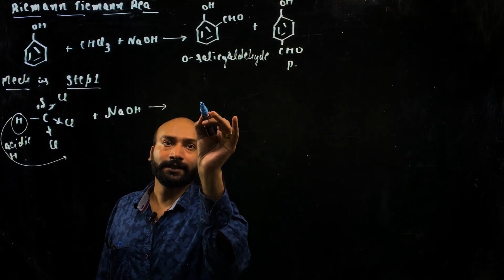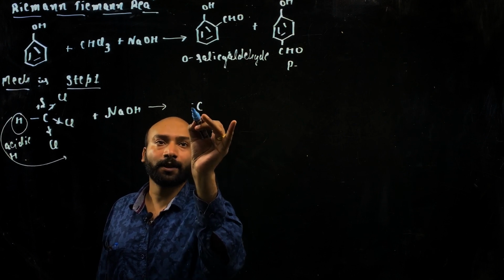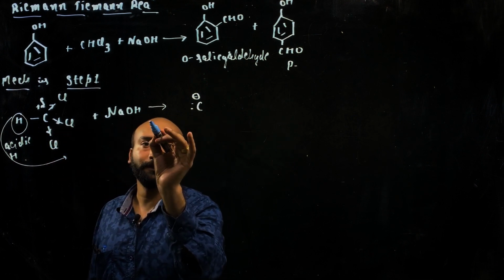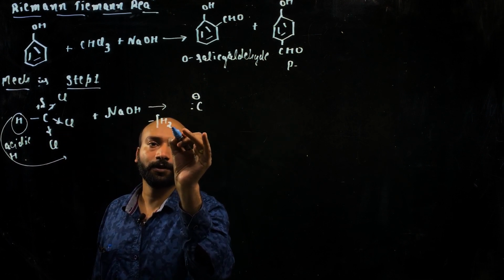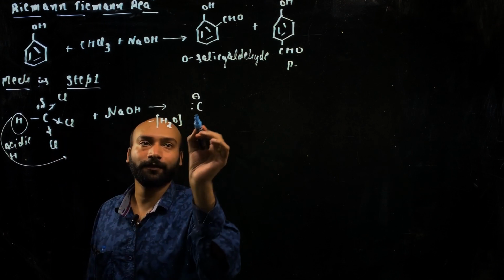Then an intermediate is formed. Carbon acquires the negative charge because H positive is released from here, taken by OH negative.